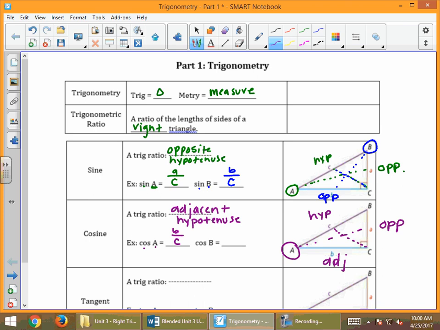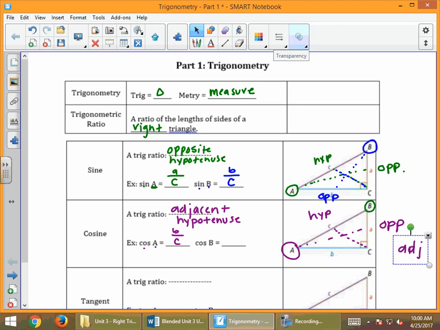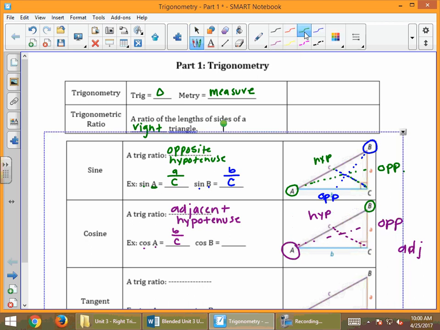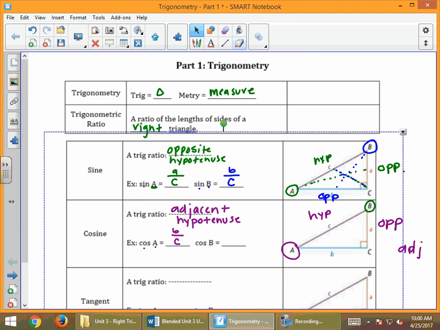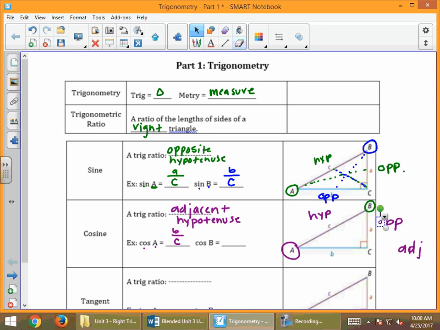In the next example, we're looking at angle B, so we're starting at angle B. When you're dealing with the same triangle but a different angle, the opposite and the adjacent just trade places.